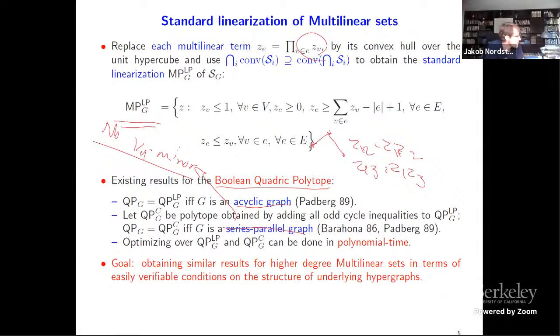Part of why this is relevant is if your graph is really, really nice, then you have something that is theoretically in polynomial time, but perhaps equally importantly, if you add some extra constraints, this could buy you a lot, even if your graph is not of this very particular form.